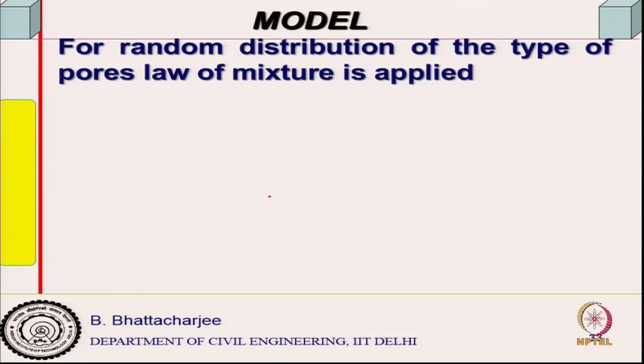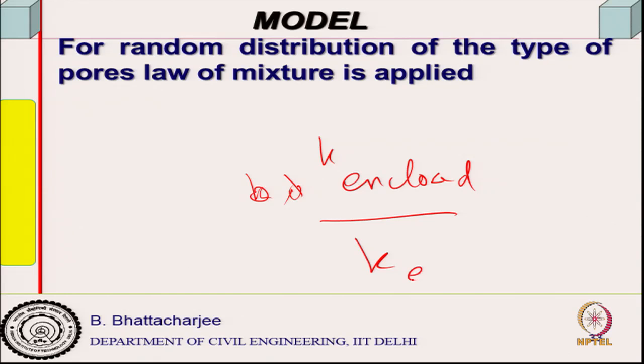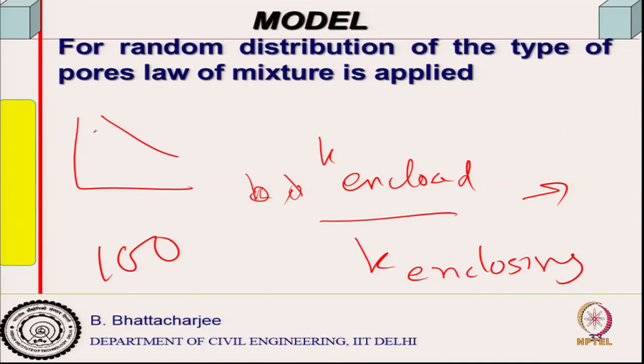If the ratio of K enclosed to K enclosing, the pore and the solid inside here, is very large, of the order of 100, like the upper bound and lower bound I was talking about, or even much higher depending upon the value of Ks to Kp.